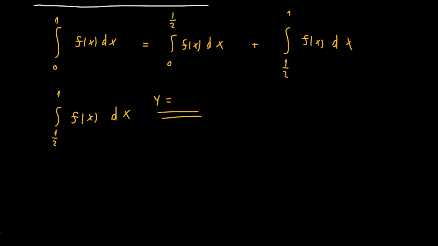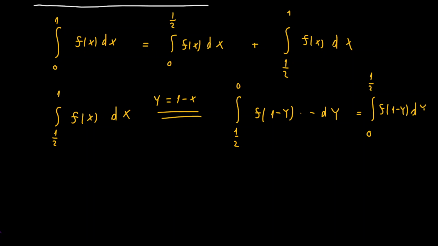We can take y equal to 1 minus x, and when I do this, my integral will be from 1 over 2 to 0 of f(1 minus y) times minus dy, which is going to be equal to the integral from 0 to 1 over 2 of f(1 minus y) dy.